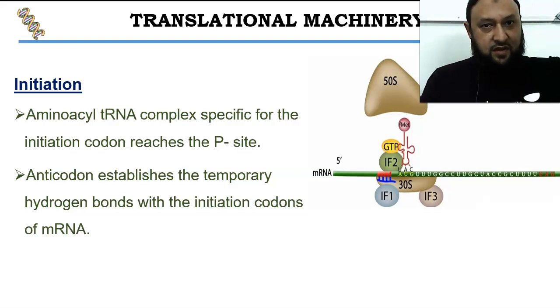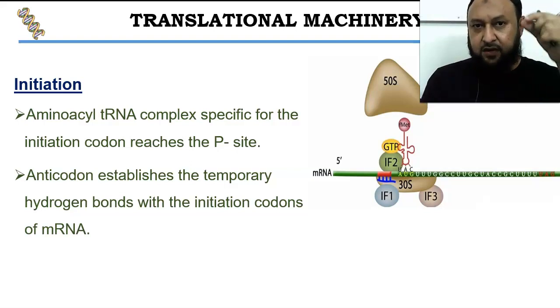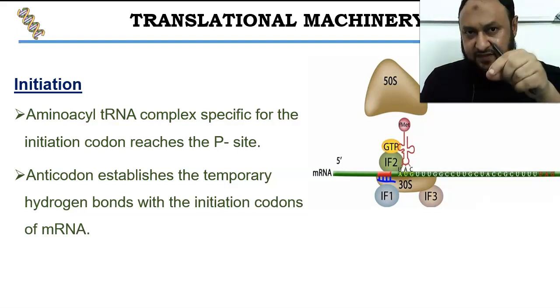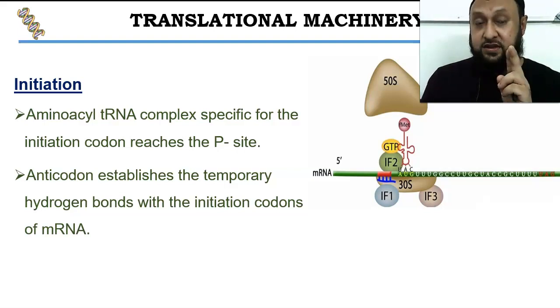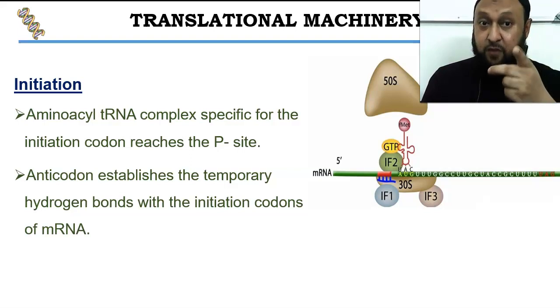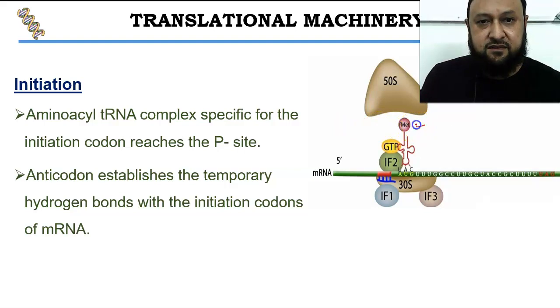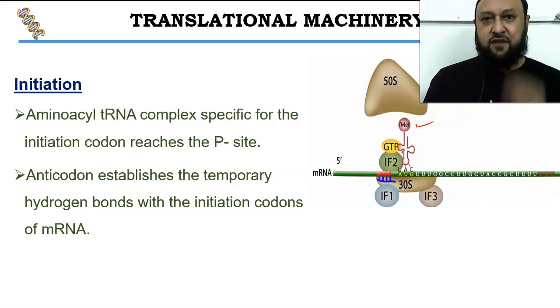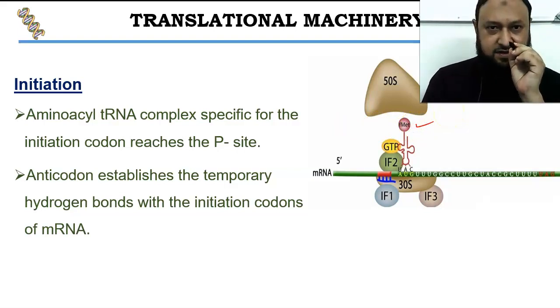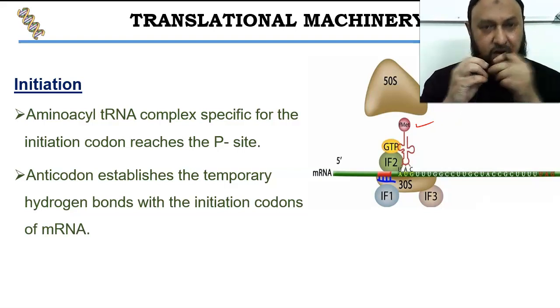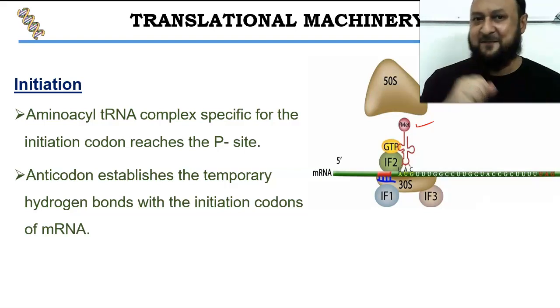The amino acid corresponding to AUG is methionine. That is why it is showing methionine here. So the first amino acid that comes in the initiation process to form a polypeptide chain is methionine.